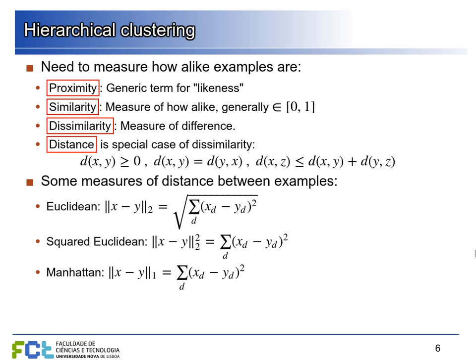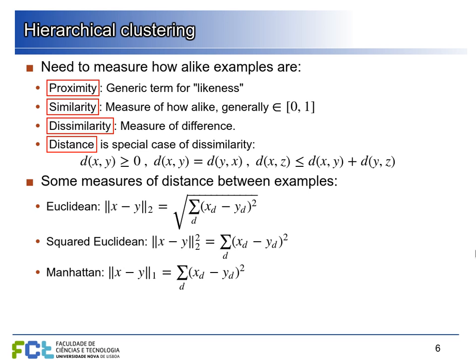It must be greater than or equal to 0, so all distances between points must be at least 0. If it's 0, they are coincident. If they are not coincident, then it's greater than 0. The distance is symmetrical, so if you measure distance from x to y, it must be the same as y to x, and it must respect the triangle inequality. So the distance between x and some point z cannot be larger than the distance between x and y plus the distance between y and z.